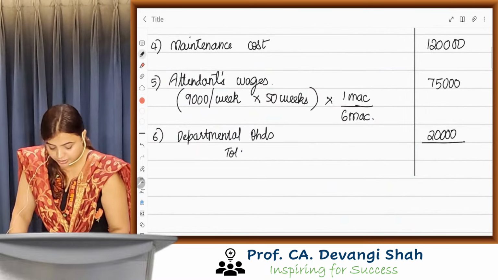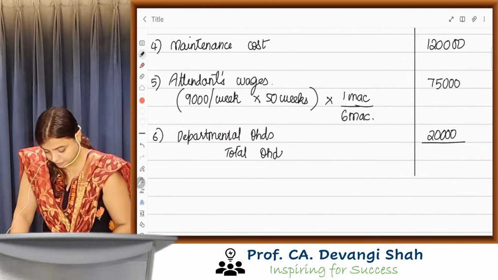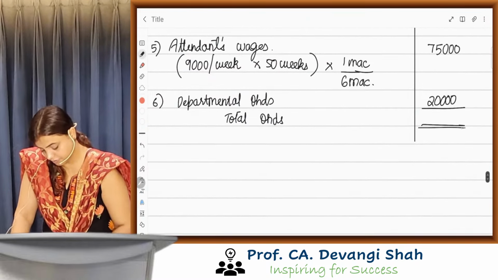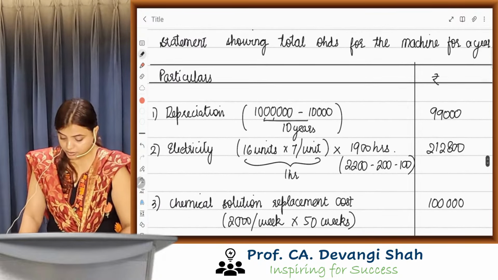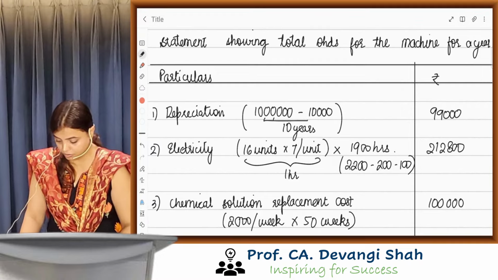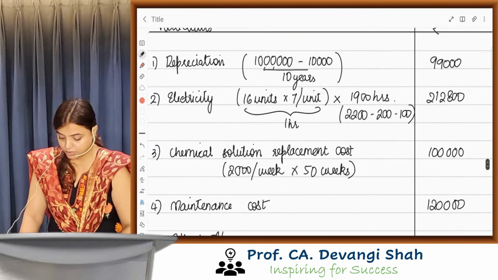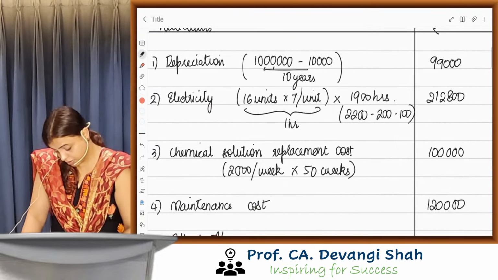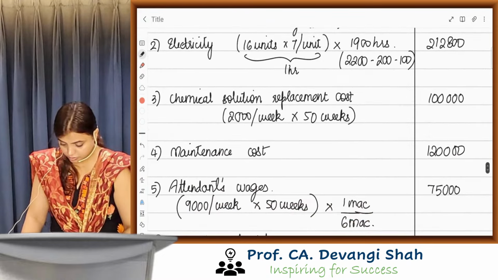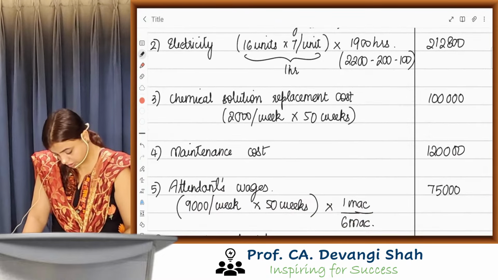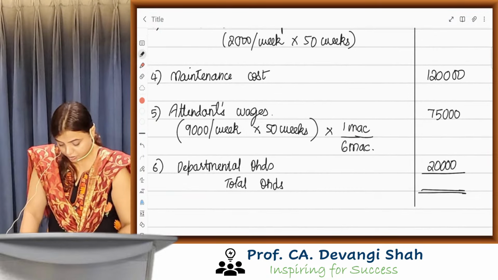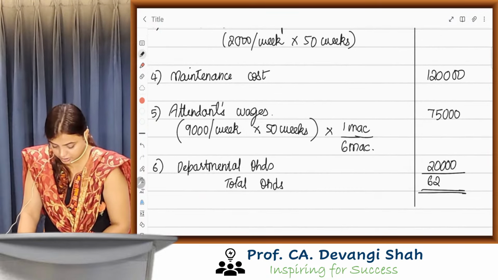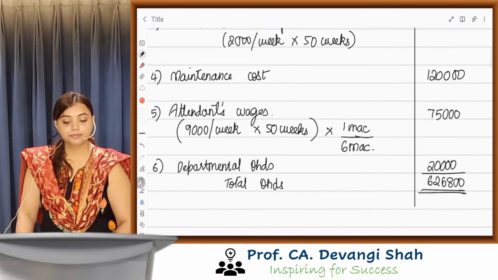Total overheads. What do you get? It is 99,000 plus 2,12,800 plus total of this 2,20,000 plus 95. You get 6,26,800 total amount.